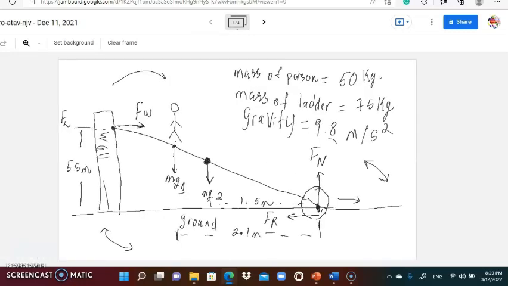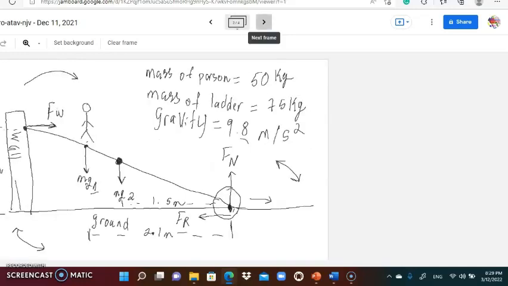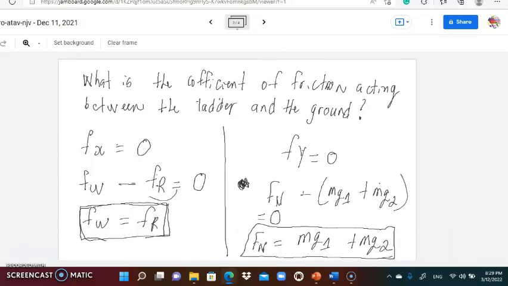Now, if we look at the forces in the y direction, the two forces acting down, the force of the person and the force of the ladder due to gravity, and of course there's a normal force acting up. Based on Newton's law, we know that the sum of the forces in the y direction must be equal to 0.